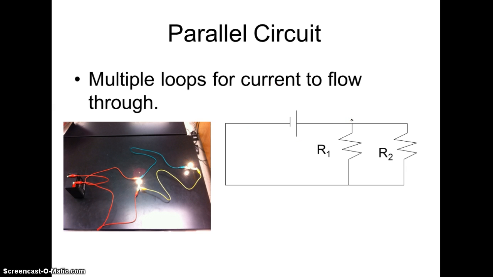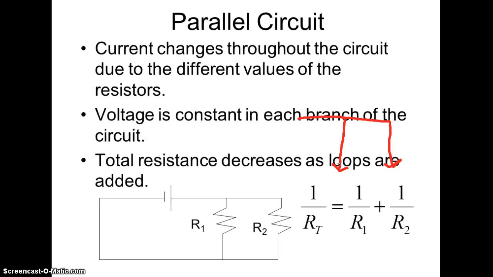Parallel circuits, multiple paths. So I could have the electricity go this way, or it could keep going and go this way. So there's multiple paths for the electricity to follow. The current changes to different resistors. So each resistor is going to have a different current.